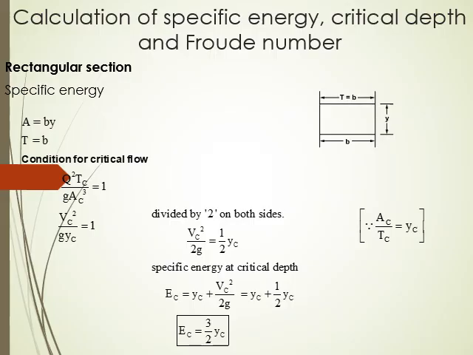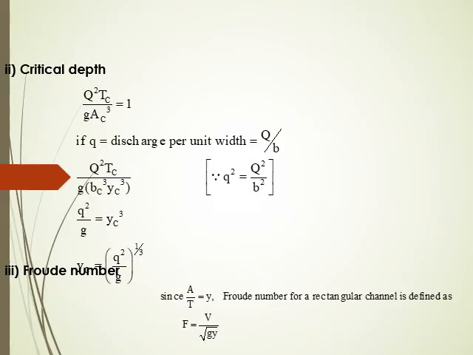The condition for critical energy is Q square by g equal to A cube by T. With respect to this condition, the critical specific energy for a rectangular section is 3 by 2 times y_c. For critical depth, y_c is equal to Q square by g, the whole power 1 by 3.